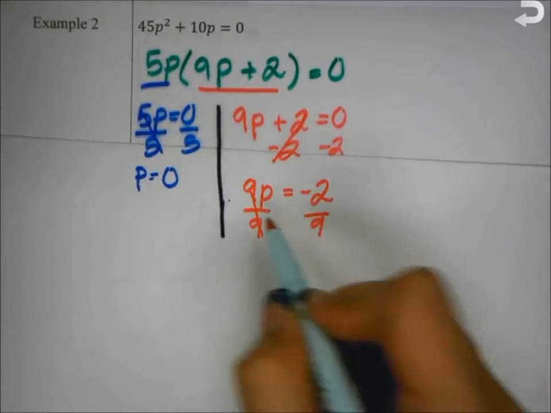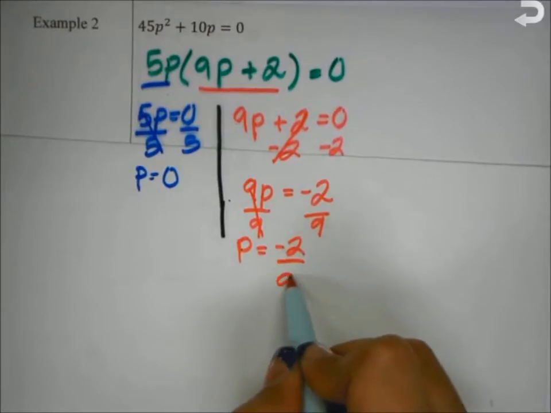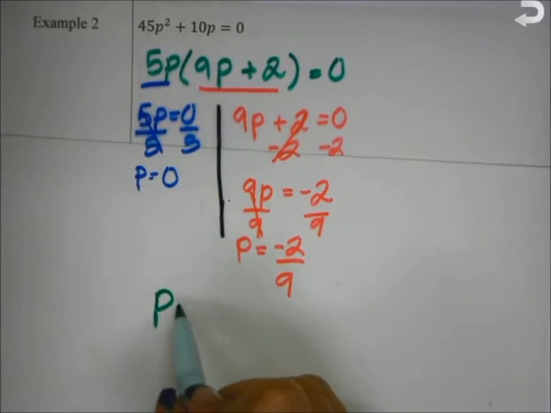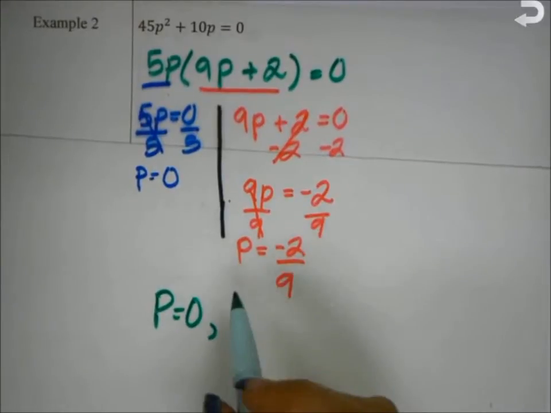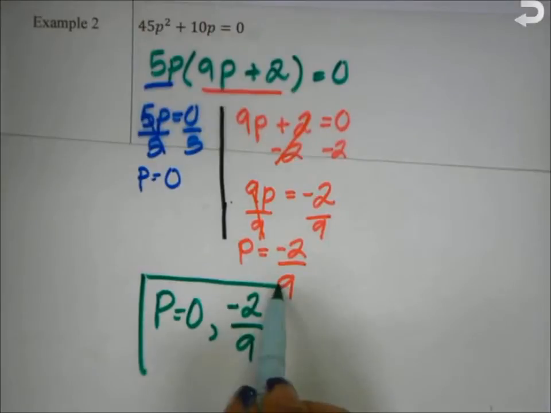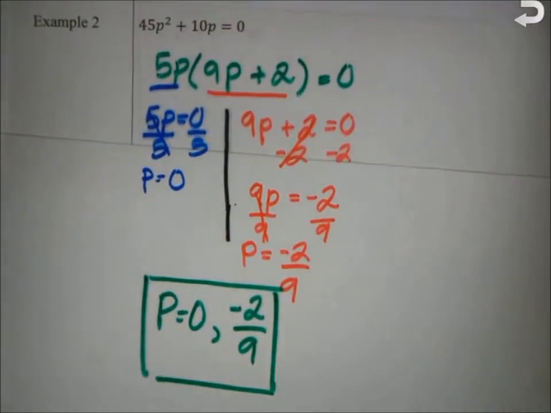So my two answers in this case are going to be p equals 0 or negative 2/9. So those are the two points where the parabola of this function crosses the x-axis, at 0 and at negative 2/9.